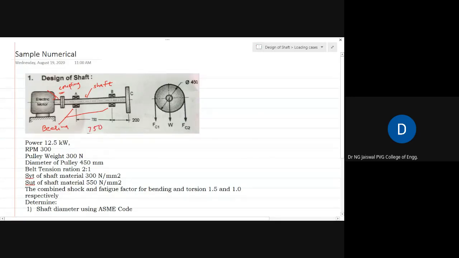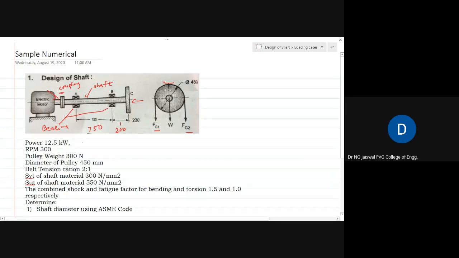This is one pulley on which a belt is passed. If you see the other view of this pulley, you see the belt is there. So these are belt tensions. FC1 and FC2 are shown as belt tensions. The distance between the extreme right bearing and the pulley is 200 mm.